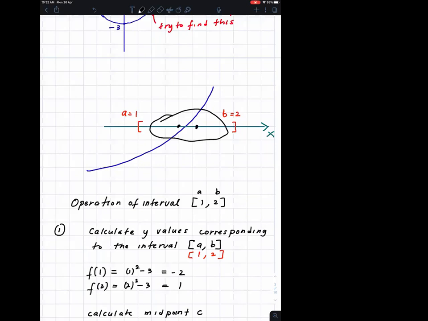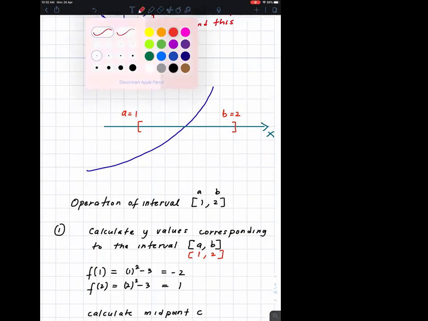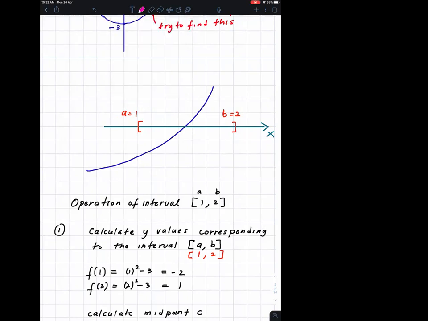If this 1.5 is on the left side, then you will get a negative number. Okay, if that is the case, then I have to let A be 1.5.